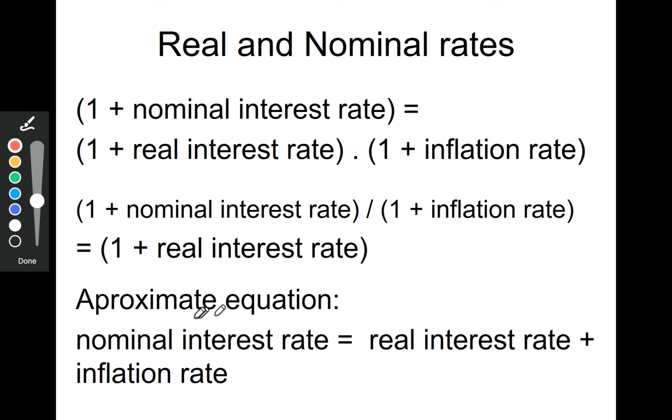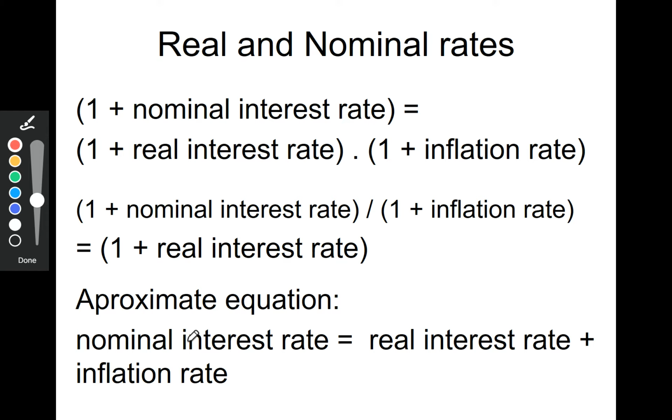But the approximate equation, which is not the true formula but gives us an answer very close, so quite a few people, even professors, use it: nominal interest rate of 4% equals real interest rate of 3% plus inflation rate of 1%. And of course, if you want the real interest rate, you say 4% minus the inflation rate of 1%, and you get the answer equal to 3%.